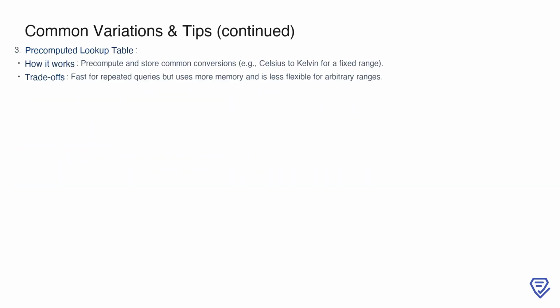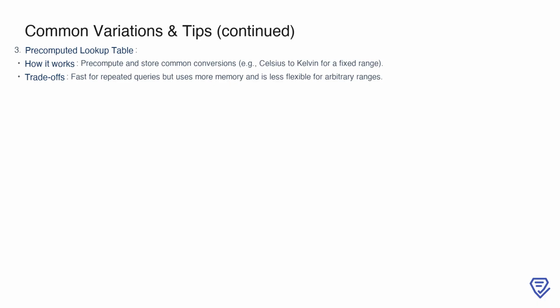Another alternative approach is to use a pre-computed lookup table. This method involves calculating and storing common conversions, such as Celsius to Kelvin, for a fixed range of values. With this table in place, you can retrieve results almost instantly, making it highly efficient for repeated queries. However, this approach has its trade-offs.